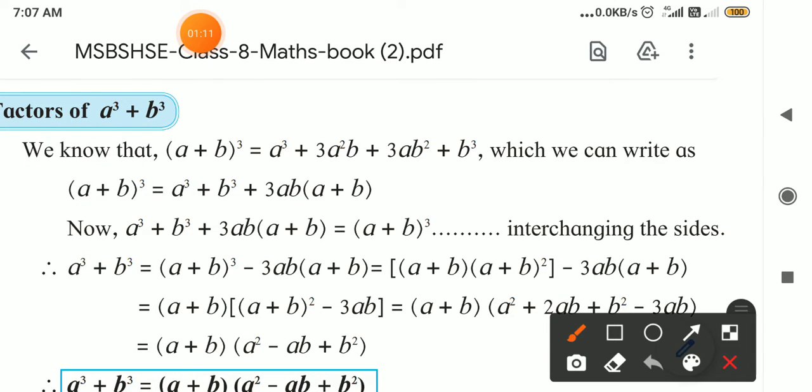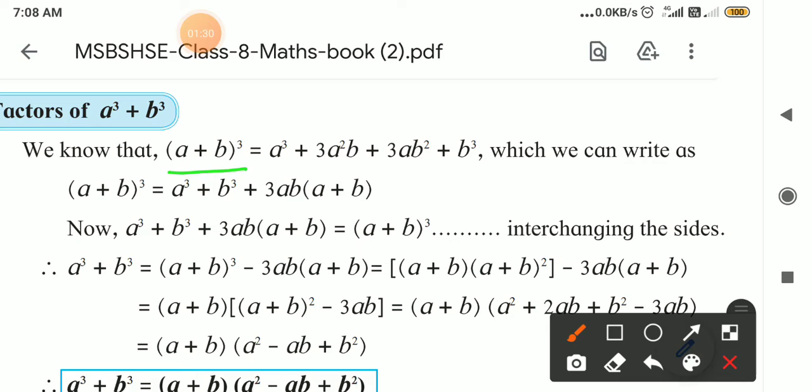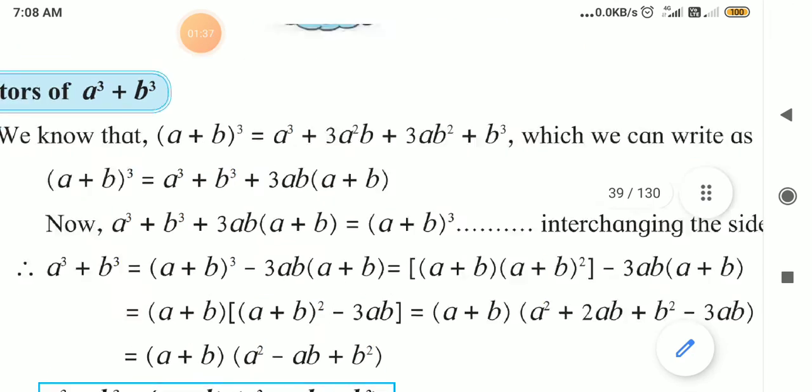For that, they took the previous knowledge. Yesterday, in the previous lecture, we saw that (a plus b) cube, its factorization, is a cube plus 3a square b plus 3ab square plus b cube. Which we can write as (a plus b) cube equals, see here what is the difference between them.